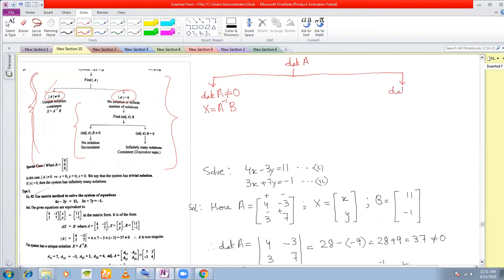Then what do you do? Thus, if det A is equal to 0, suppose you find det A is equal to 0, that does not mean that the equations cannot be solved. In fact, there are two possibilities then.